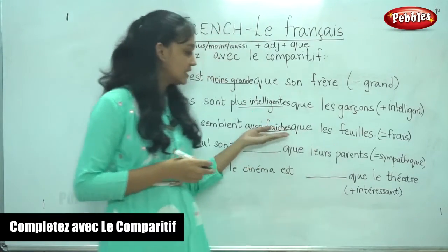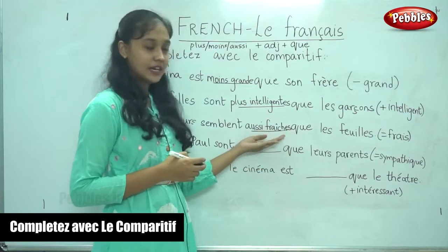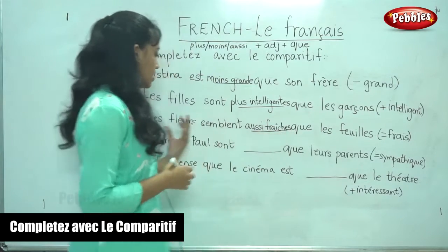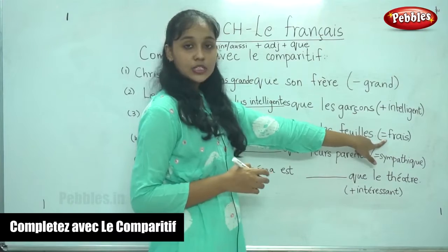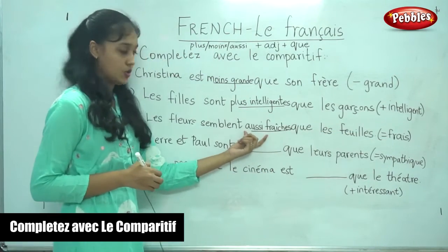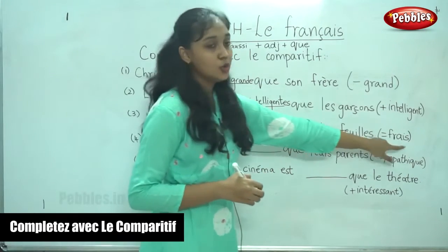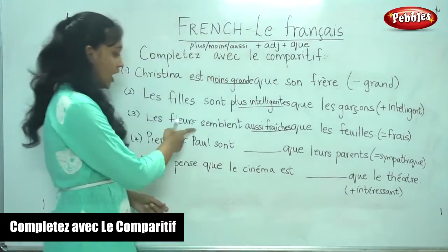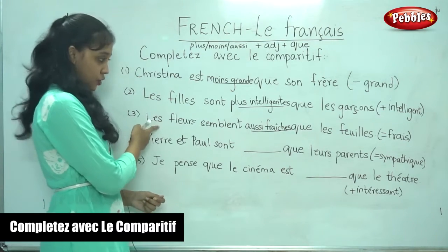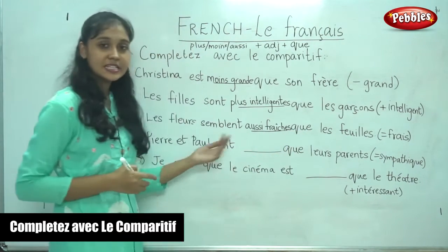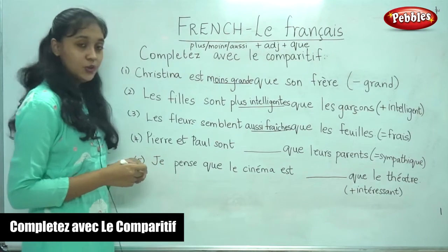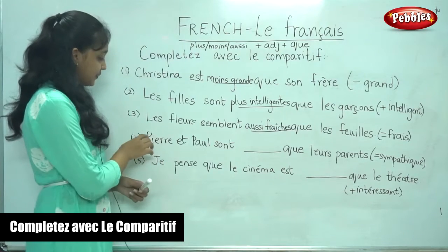It is slightly different. You may not know this, so kindly take a note. So, what was our first step? Since there is an equal to symbol, we wrote aussi. Then we wrote the adjective in the feminine plural form followed by que. Did you understand that? Now, moving on to the next sentence.